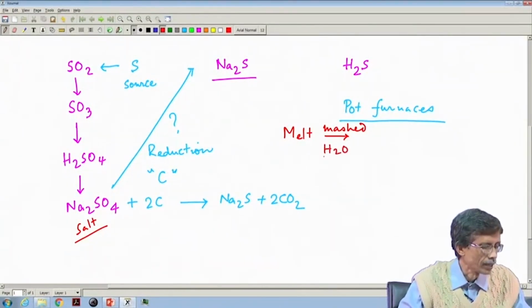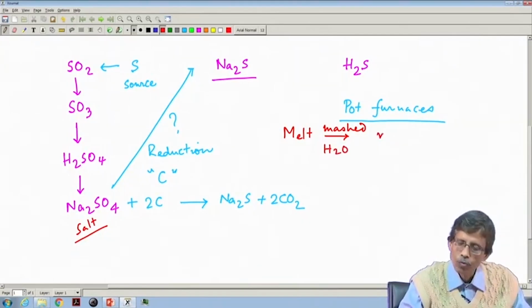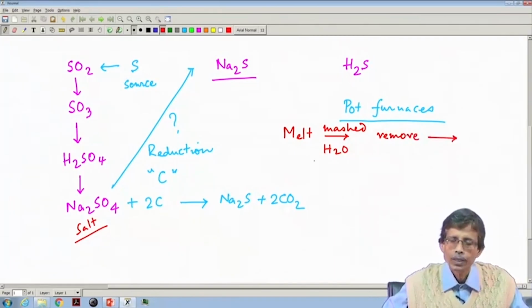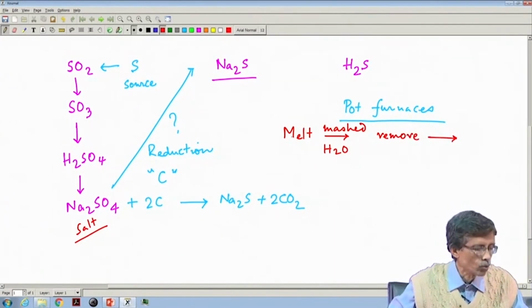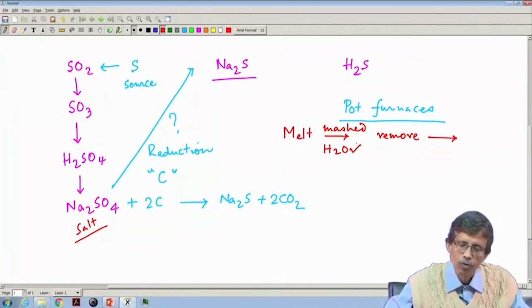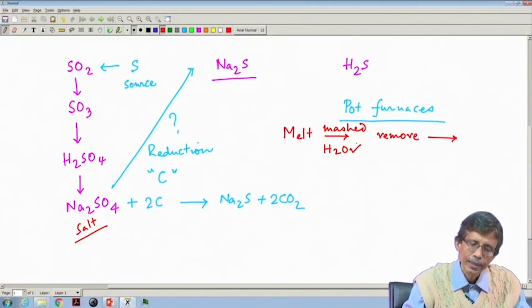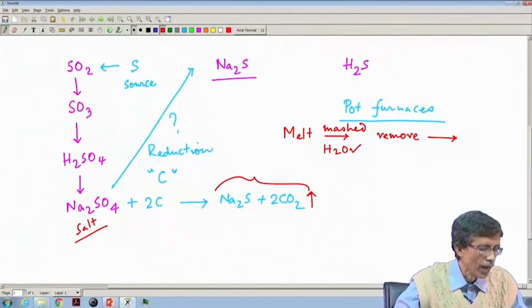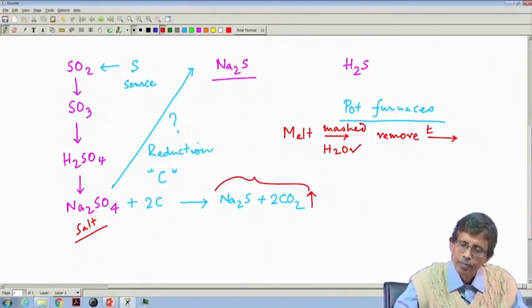Giving water, you mash it, then remove the water insoluble material which is not going into water. We try to get the water soluble part from here, so this is escaped away, and you have the sodium sulfide melt out of this. So, you remove it and go for evaporation.